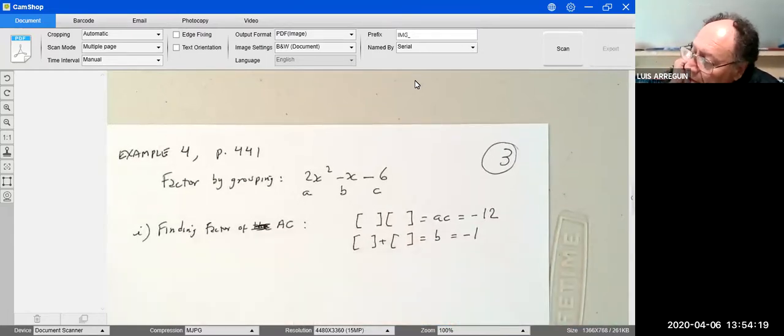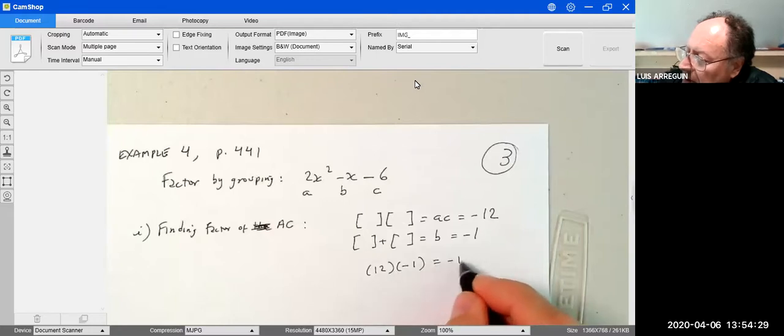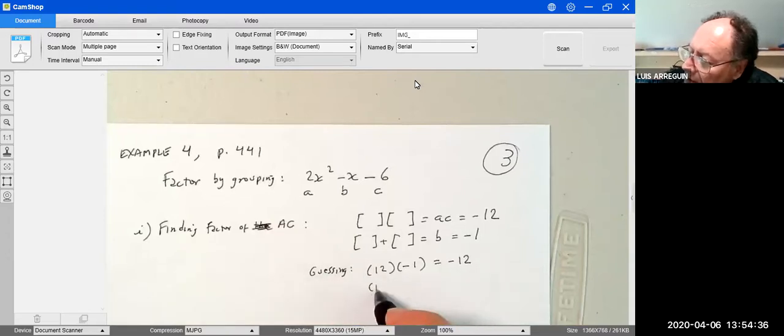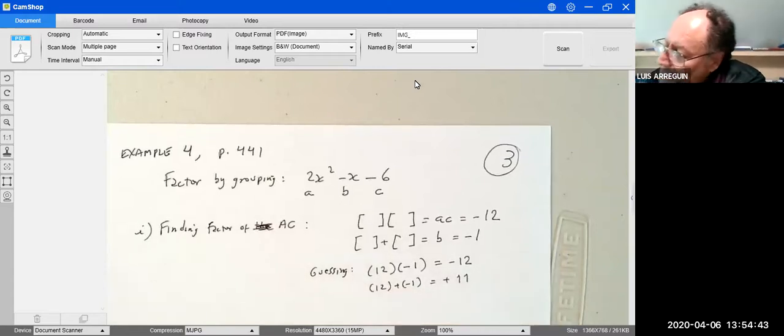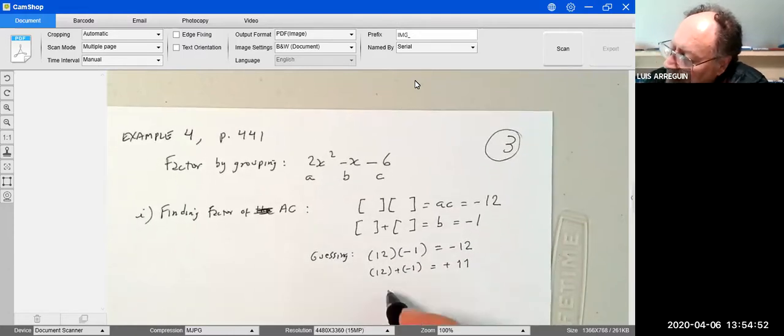So what are those numbers? So I'm going to multiply 12 and -1. And in that case, I get -12. So I'm guessing here. This is my guessing. And also, if I add 12 and -1, I'm going to get positive 11. So these numbers don't work, right? They are very far from B, so I need another couple of numbers.